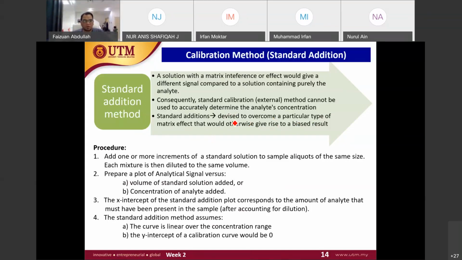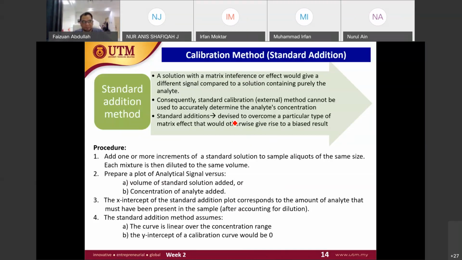First one is to add one or more increments of standard solution to sample liquids of the same size. Okay, we prepare a series of standard calibration, but now the first step is, for example, we want to prepare 5 concentrations of the calibration, but first we must use the sample itself.